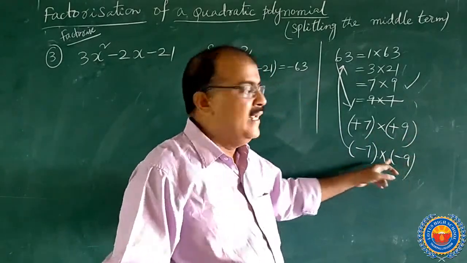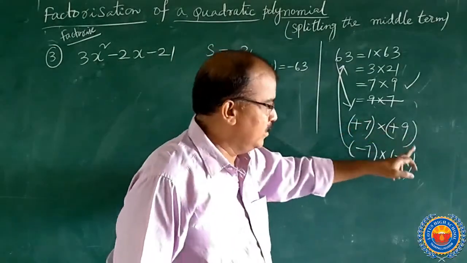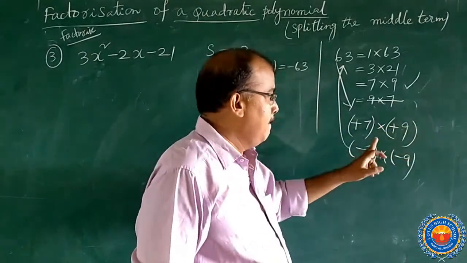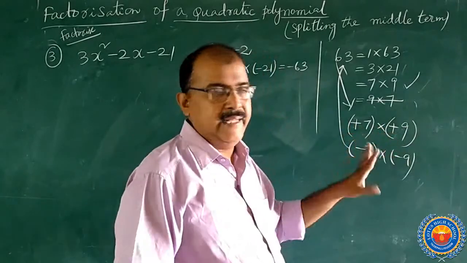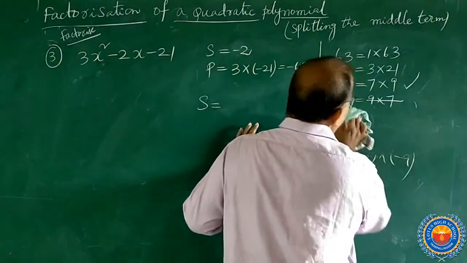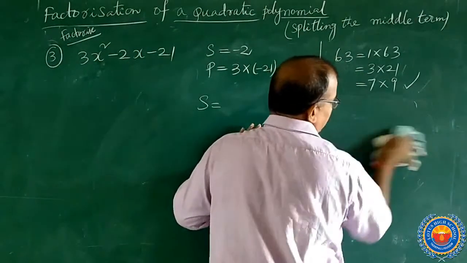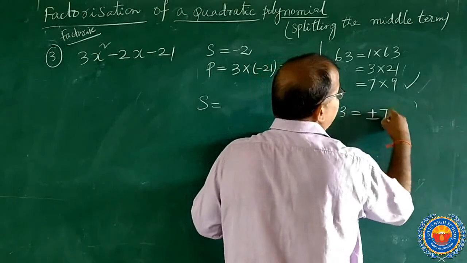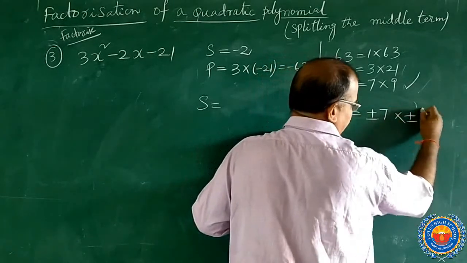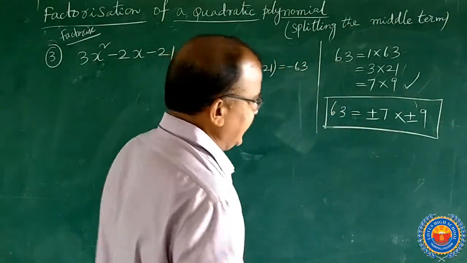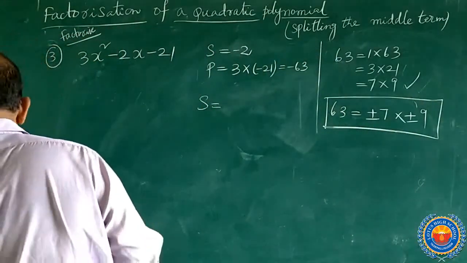For addition, you can take plus 7 plus minus 9 or plus 9 plus minus 7, anything you can take. The main intention is that 63 is nothing but plus or minus 7 into plus or minus 9. This is very, very important. 7 nines are 63.